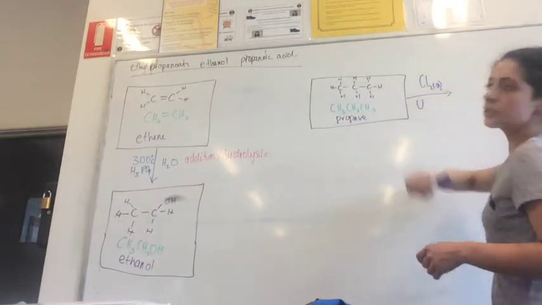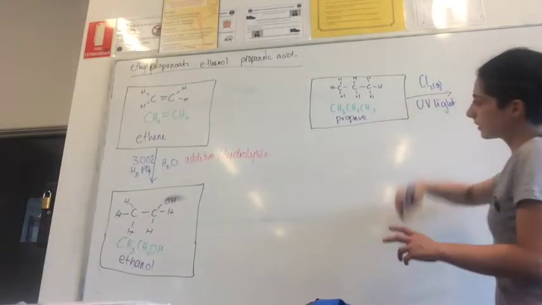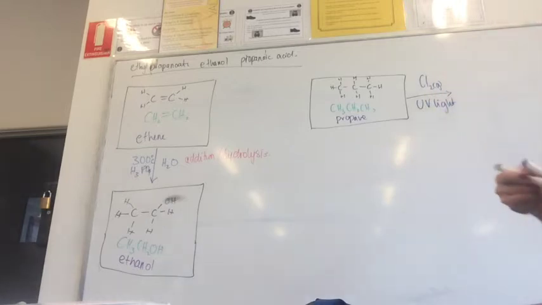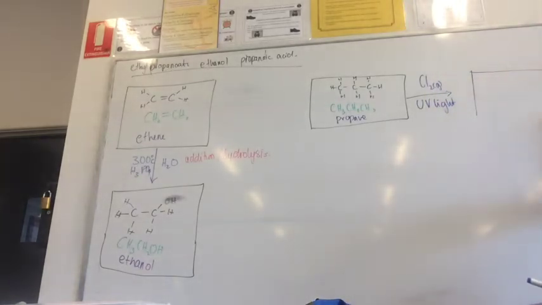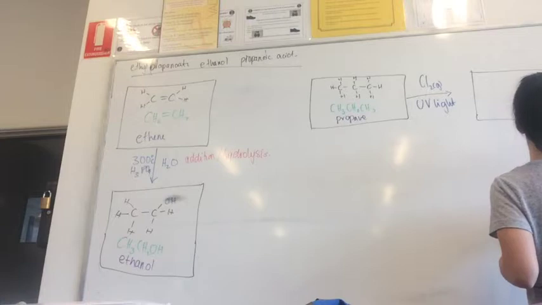We would then use UV light, very good. And then we get, because it's a substitution, how many products do we have? Two, very good. What's our second product, the byproduct? HCl, hydrogen chloride.